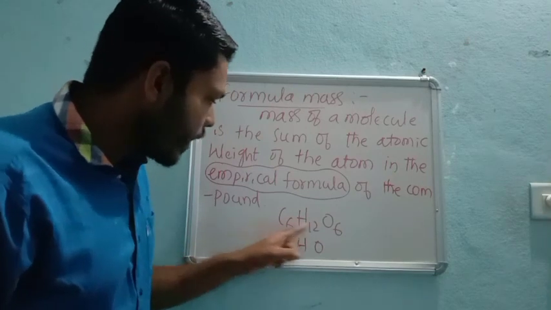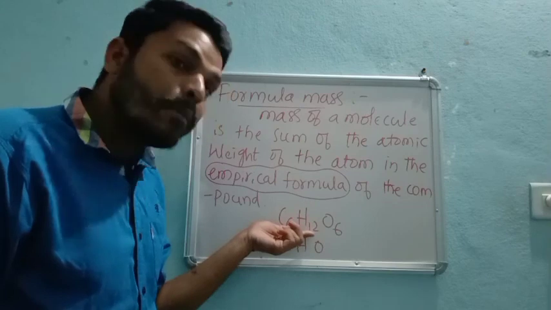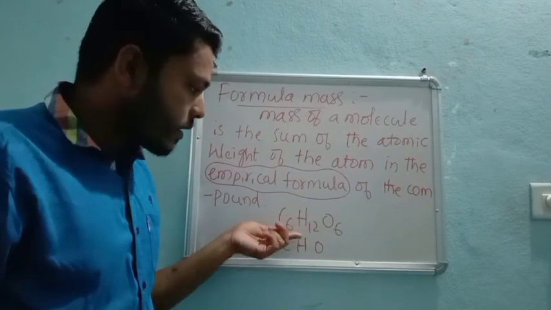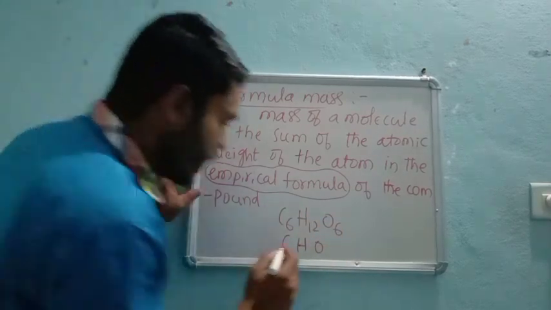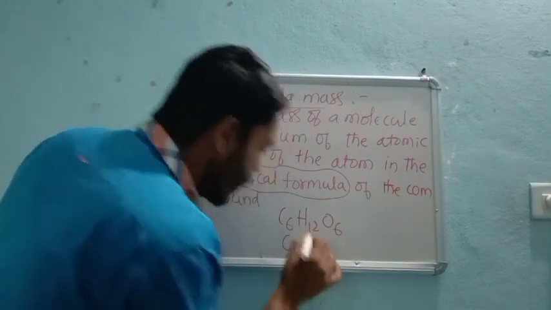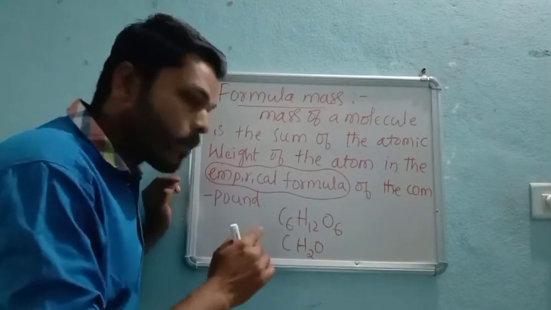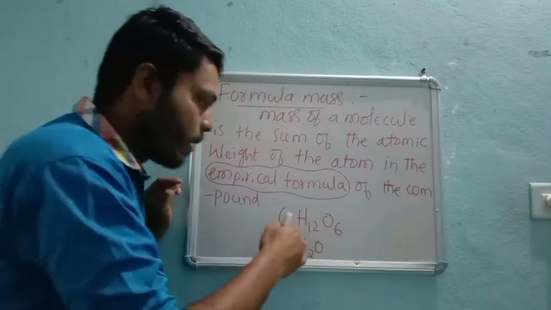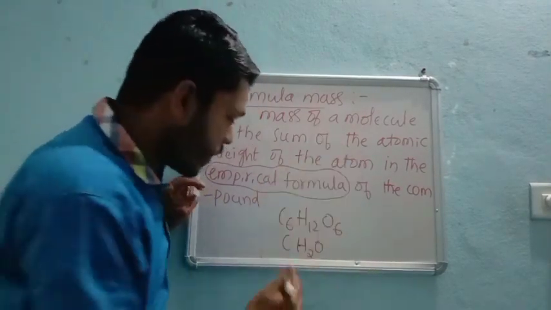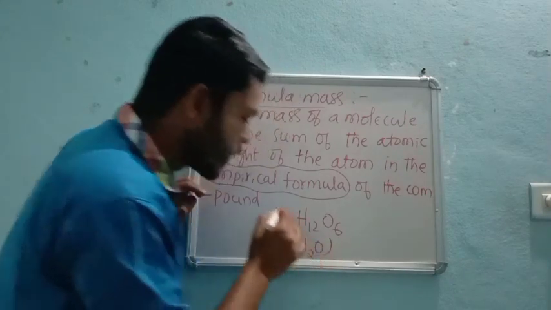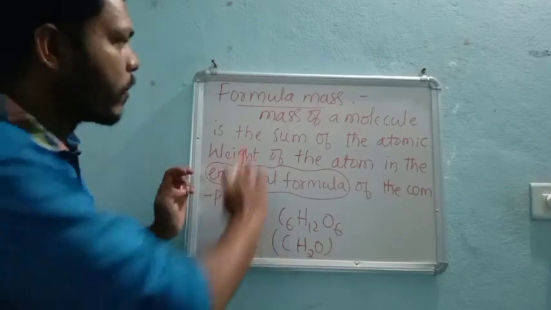C and O are present in the same ratio, but the hydrogen is doubled compared to carbon and oxygen. For one carbon we have two hydrogens, and for one oxygen we have two hydrogens. So the empirical formula of this compound becomes CH2O, right?